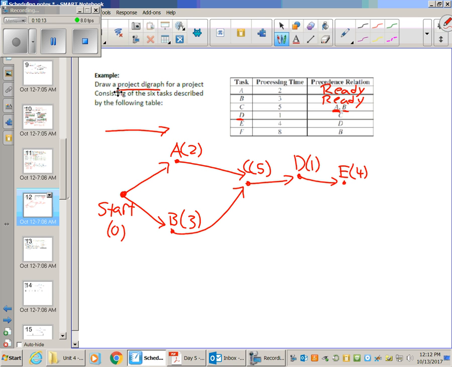Now moving on to F. F's only prerequisite is B, so B is pointing towards F with a processing time of 8. So, and then that's it. All right, whenever you get down to your last vertices that aren't pointing to anything, that means those two have to be completed before you end.